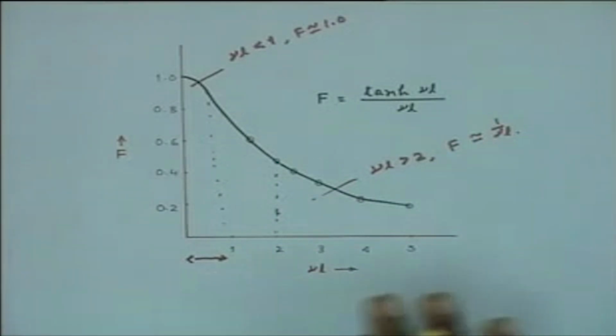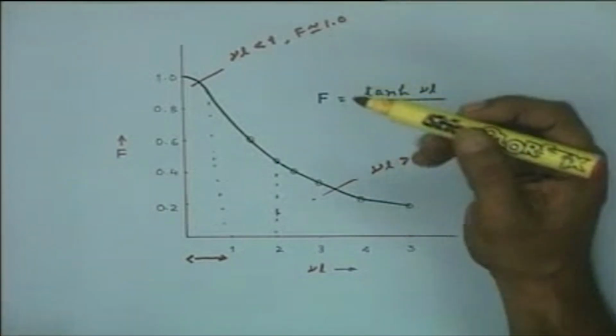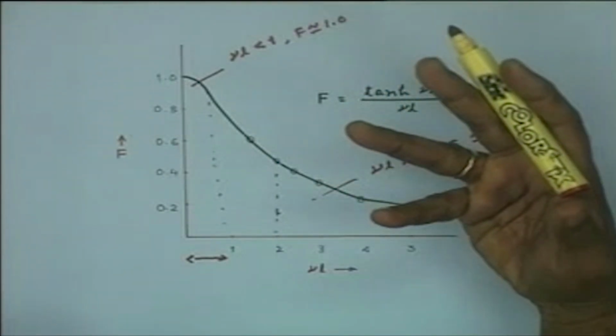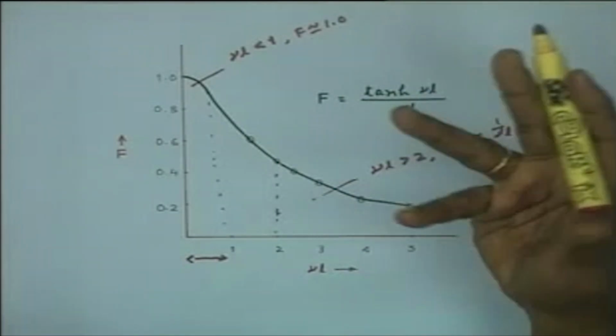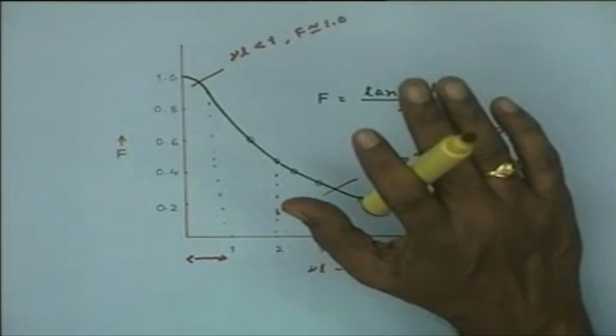So, essentially when we say F is equal to 1, it means that there is no effect on the kinetic parameter Km, or there is no diffusional limitation. In other words, the Km is not altered as a result of mass transfer diffusion.